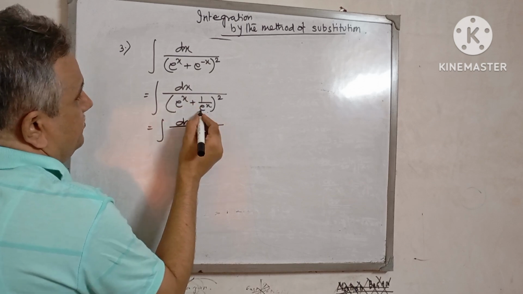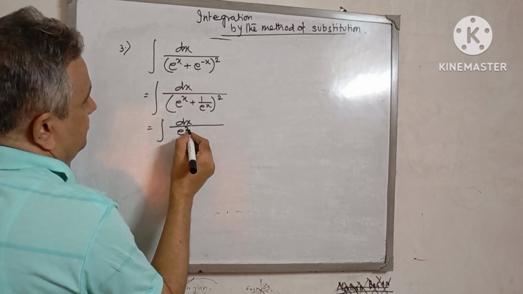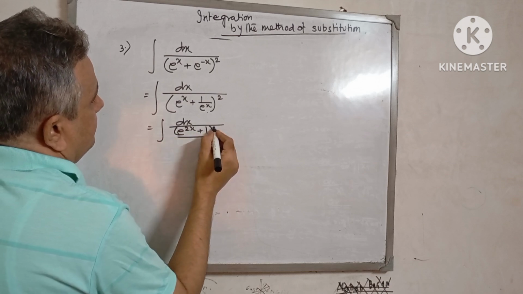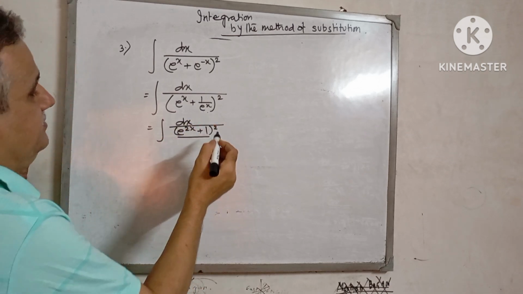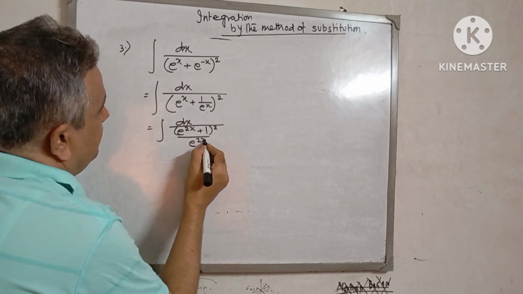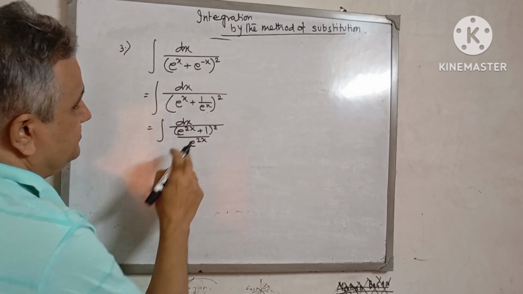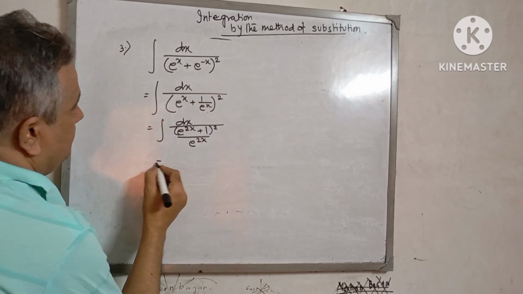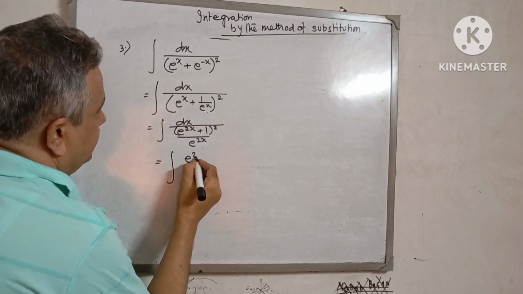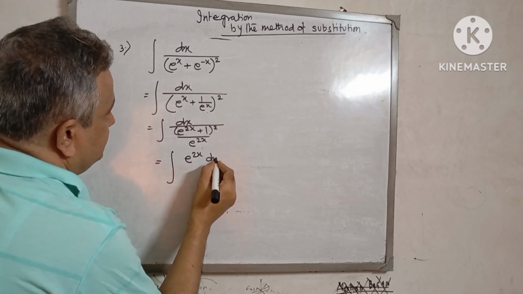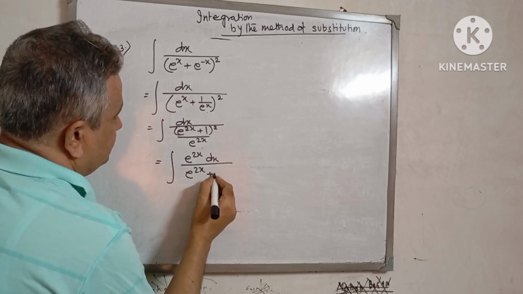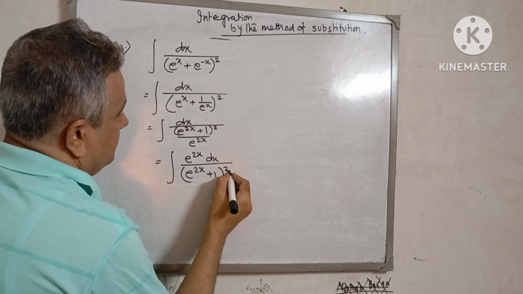It becomes e to the power x into e to the power x, e to the power 2x plus 1 whole square divided by e to the power 2x, because e to the power x whole square is e to the power 2x. Now this becomes numerator e to the power 2x dx by e to the power 2x plus 1 whole square.